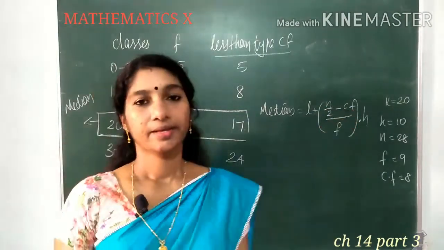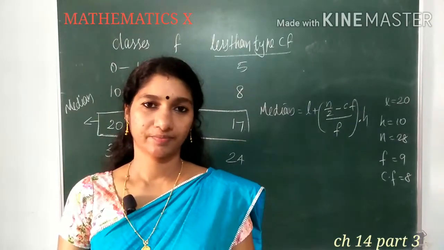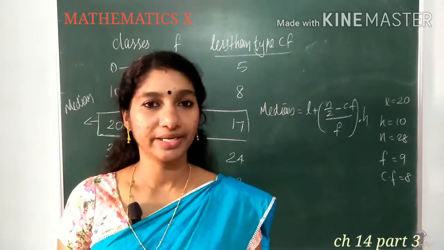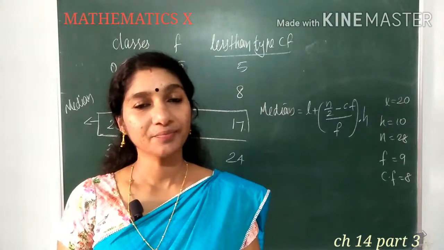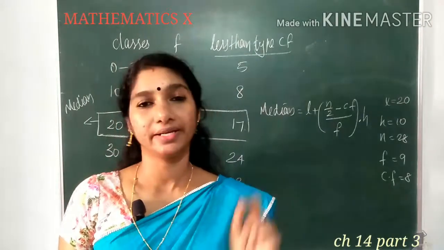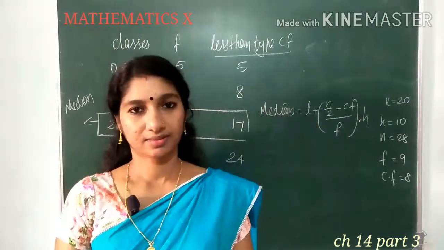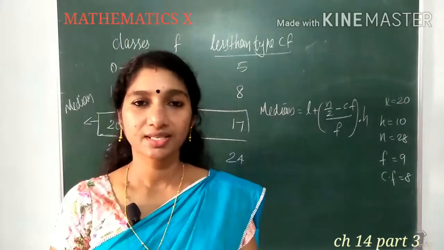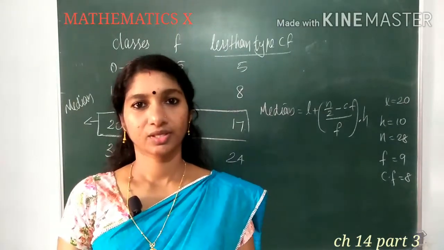CF, cumulative frequency up to the median class. F is the frequency of the median class. And next line, H is the size of the class, or class size.